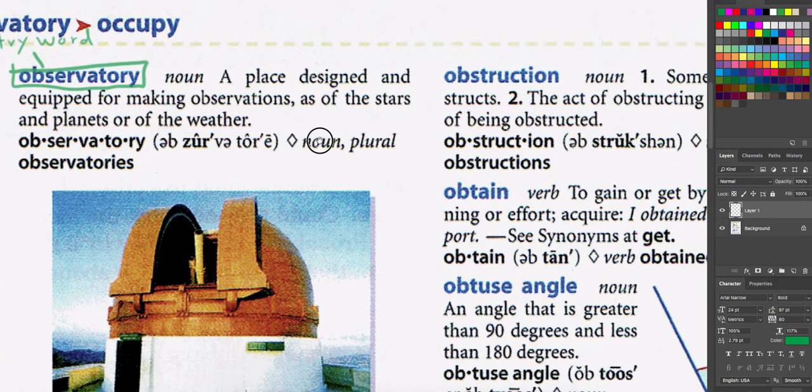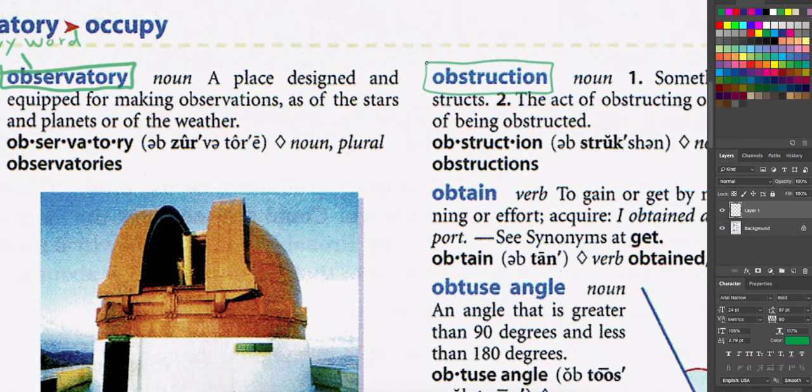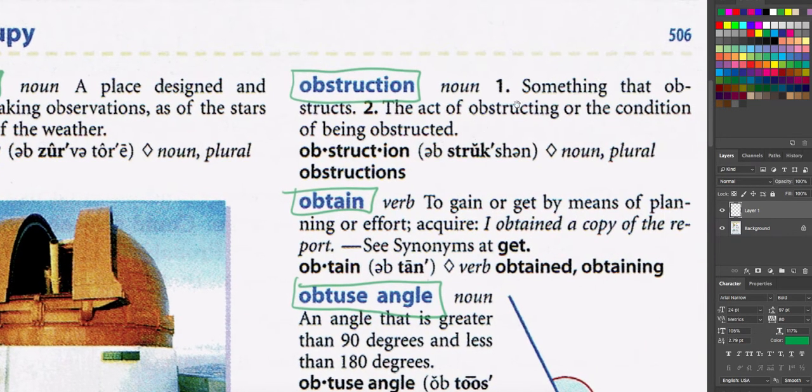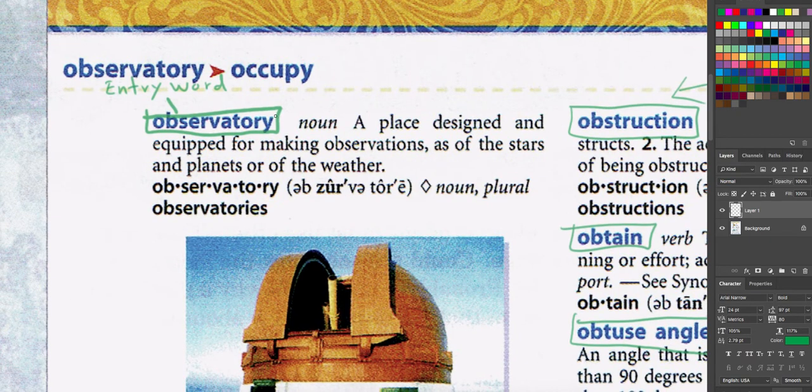Usually the entry word is the first word you see, and it's usually bolded, or a different color, to make it really stand out. It tells you what the information that you see is referring to. So for our word observatory, all this information here is for the word observatory.